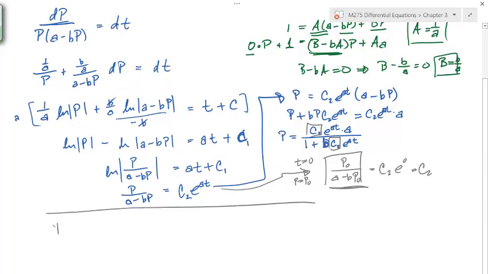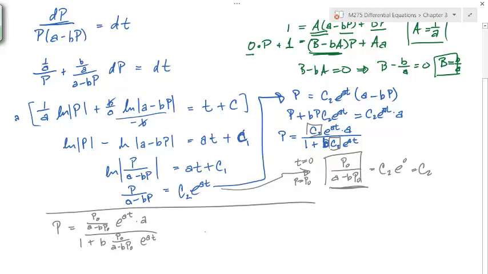So we have p is equal to, this is a p naught over a minus b p naught times e to the at times a, all over 1 plus b, and then here we have p naught over a minus b p naught, and then again e to the at.